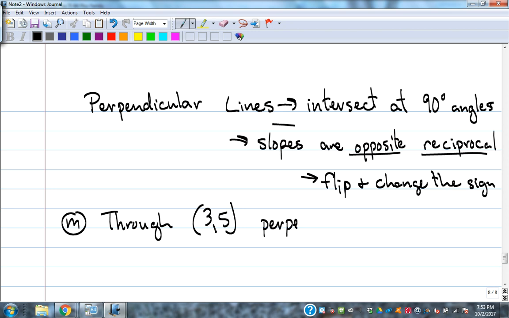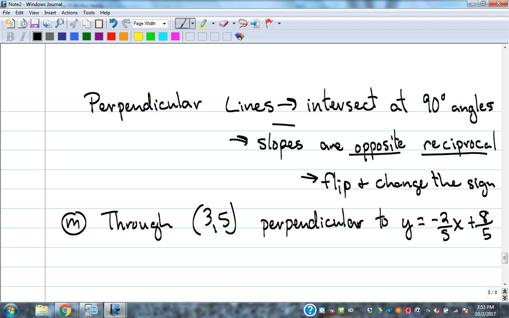perpendicular to y equals negative 2/5 x plus 8/5. Now, is this in slope-intercept form?